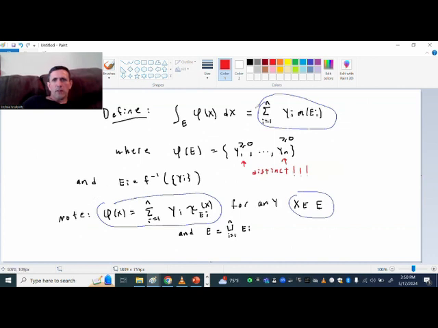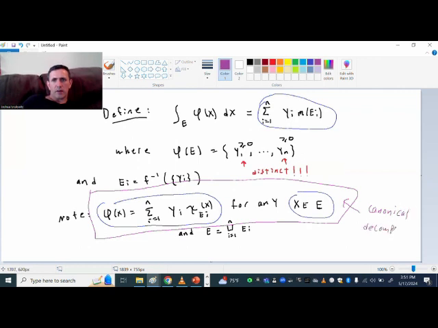So when I write my function like this here, this is called the canonical decomposition of my simple function on E.